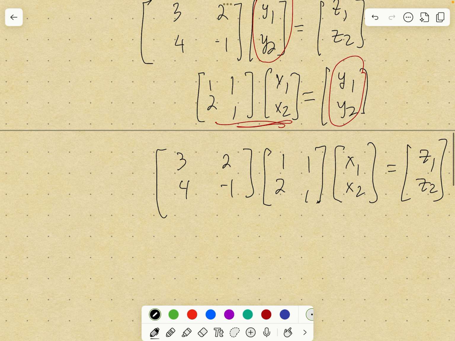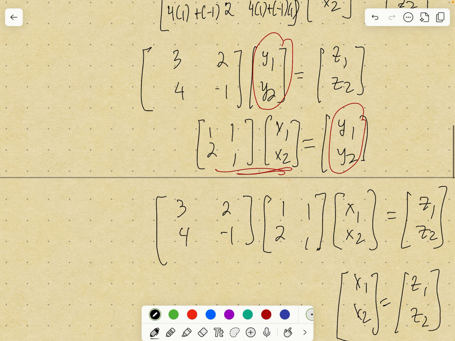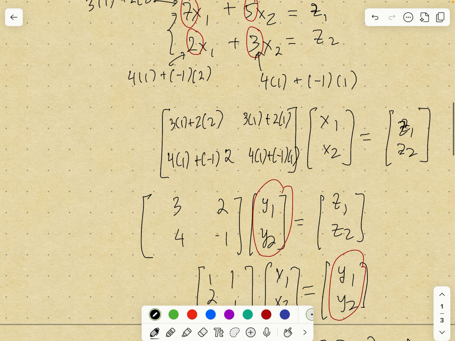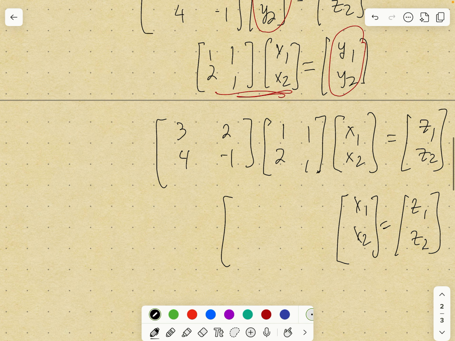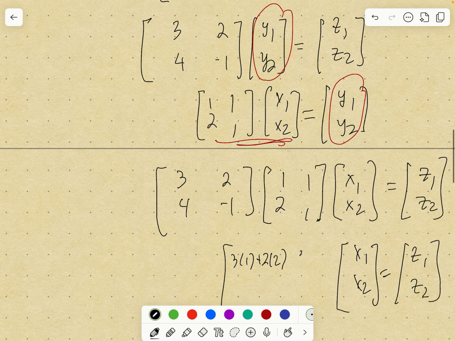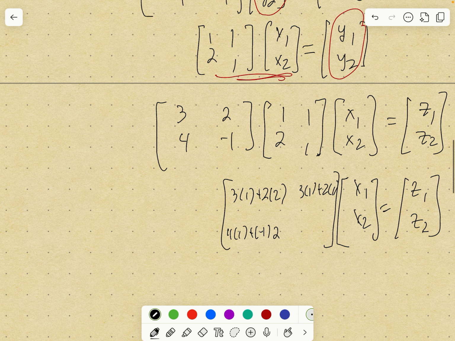So we saw that this system of equations amounts to what we had above: 3 times 1 plus 2 times 2, 3 times 1 plus 2 times 1, 4 times 1 plus negative 1 times 2, and 4 times 1 plus negative 1 times 1.